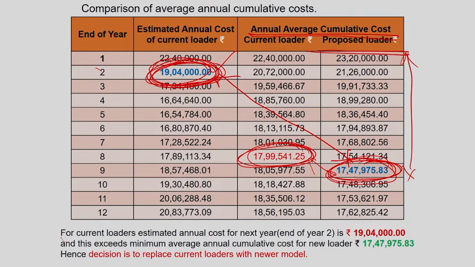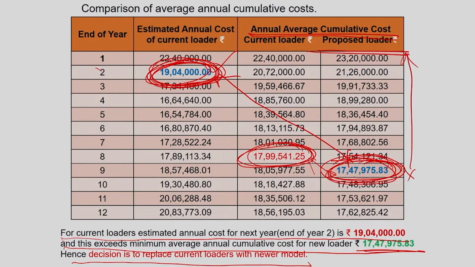Okay. So, for the current loader, estimated annual cost for the next year is 19,04,000, and this exceeds the minimum average cumulative cost for the new loader, that is 17,47,975. Okay. Hence, the decision is to replace the current loader with the newer model. Okay. So, this is the finding or the decision based on the minimum cost method.